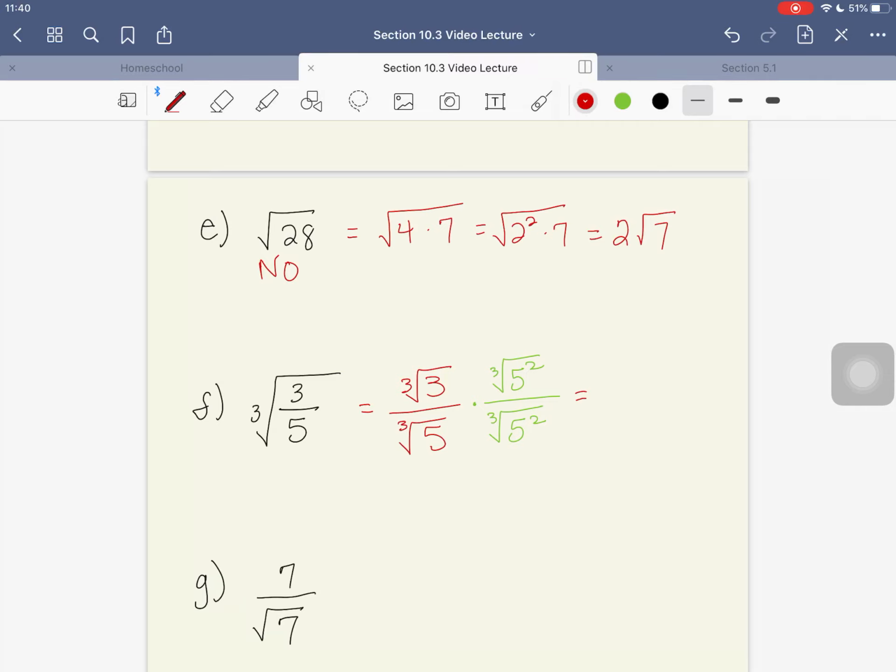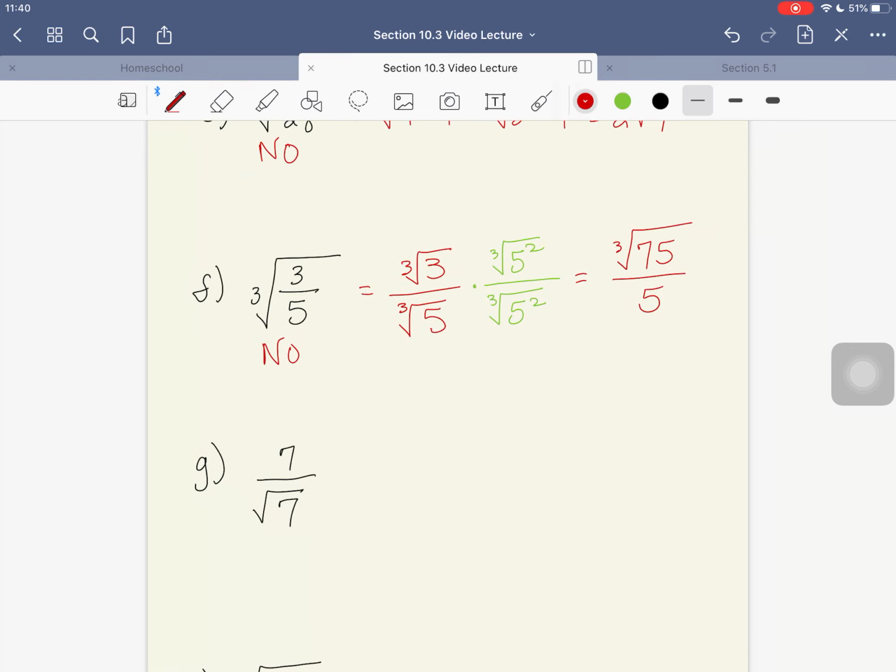And so that would equal the cube root of 75 over 5. So this one is not simplified, but I just showed you how you would simplify it.